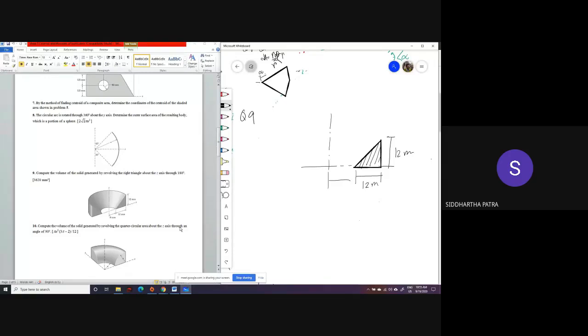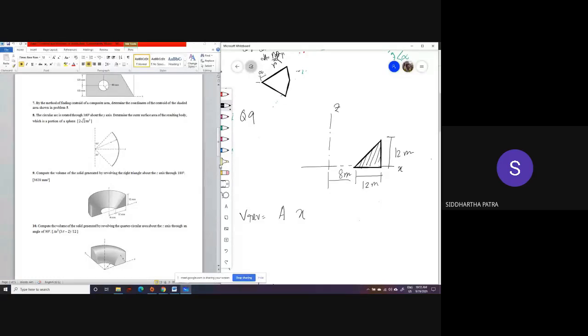A right angle triangle, no issues, 8 mm away. To get the volume of revolution, you need the area times the distance travelled by the centroid, so it should be rotated about the z axis. The y axis is inside the paper.